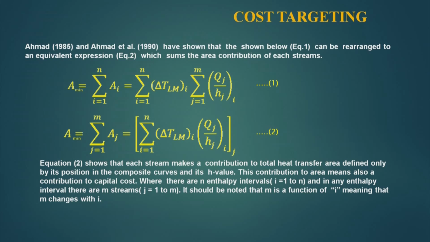It should be noted that m is a function of i. Basically, we are dividing the balanced composite curve into i enthalpy intervals, and in a particular interval there are m streams, which are the summation of hot streams as well as cold streams, and this m value changes with i.